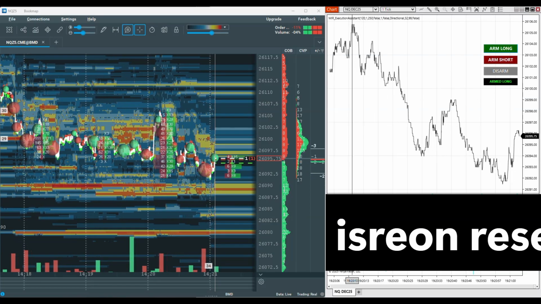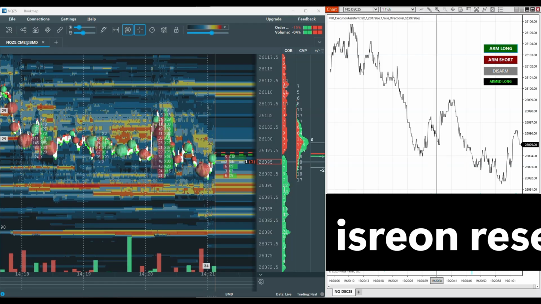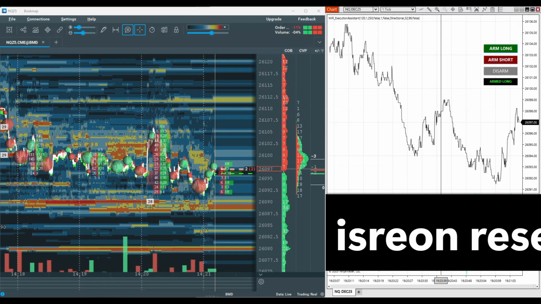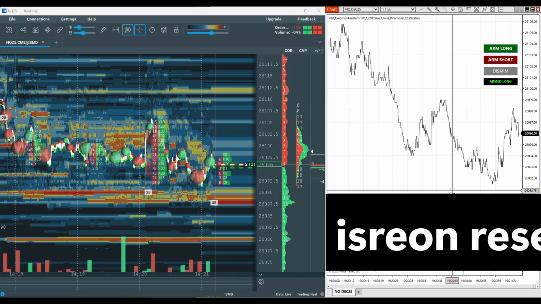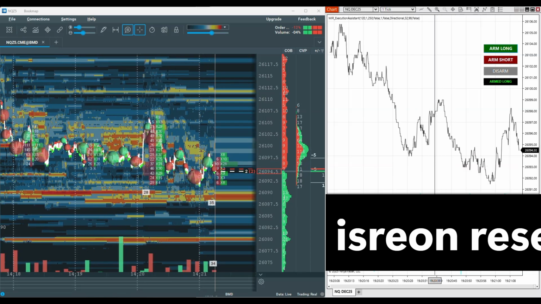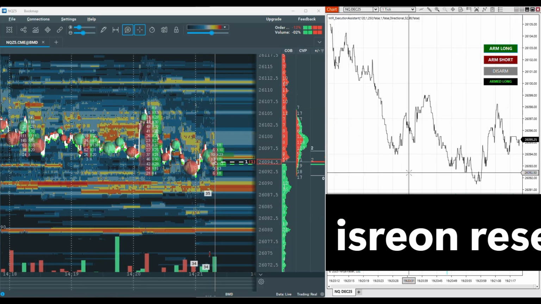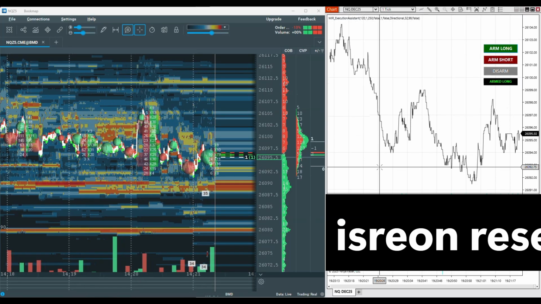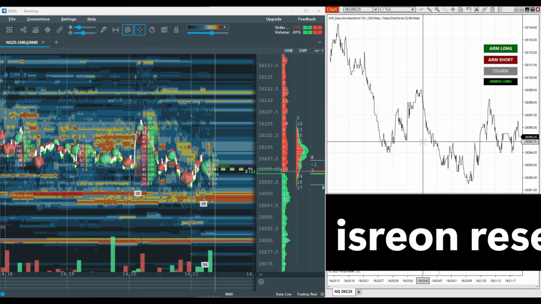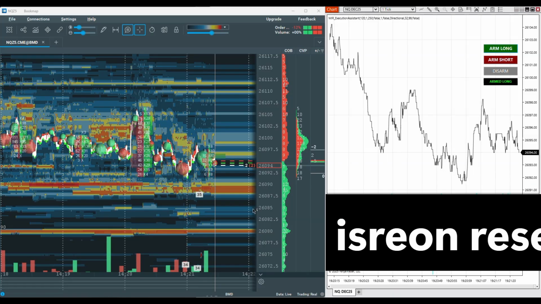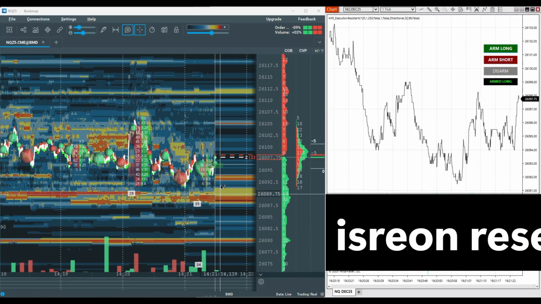So you can read the indicator and do things manually if you want to, but you need to have fast reaction speed to enter trades as soon as you see a signal. If you use the assistant, it takes your reaction speed out of it, so your lack of reaction speed doesn't affect your risk to reward ratio.